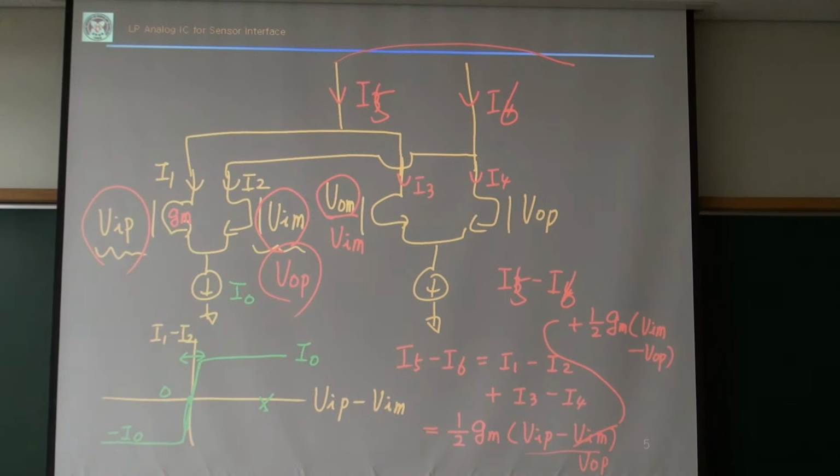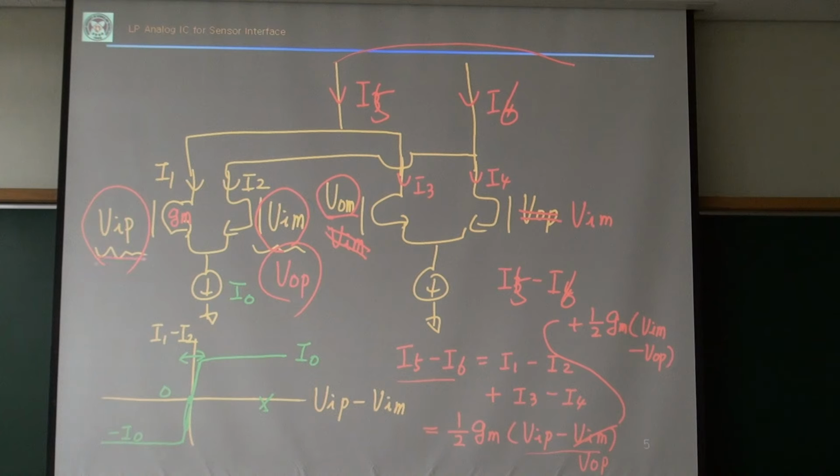Something is wrong here in the polarity. Okay, let's check. This I3, I5, right? IP. Oh yeah, I put it in the wrong place. How come I put it in the wrong place? VIP, VOM must go to a different place, right? This is OM. Oh, sorry. This is wrong. This should be VIM. Okay?